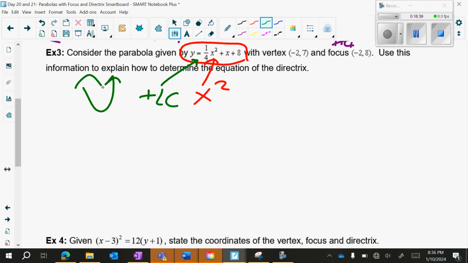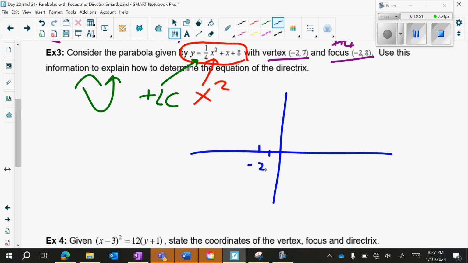But you don't really need that equation too much because they gave you two important things, the vertex and the focus. If you have the vertex and the focus, you can find the directrix just by plotting them. So the vertex is (-2, 7). 1, 2, 3, 4, 5, 6, 7. Plotted V. And the focus is (-2, 8). Plotted F.